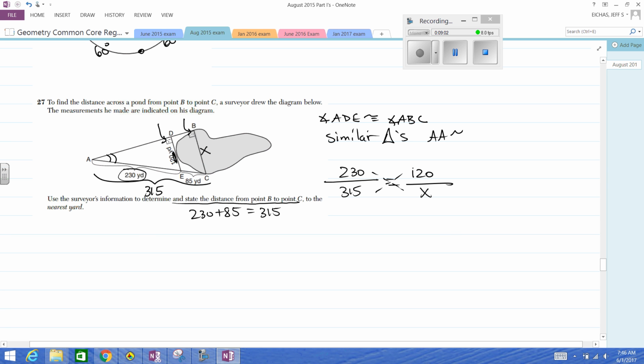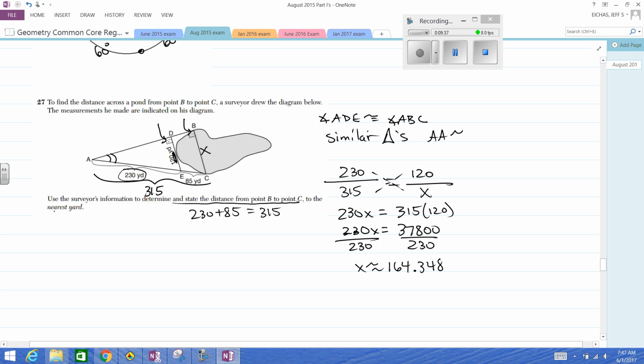Corresponding sides of similar triangles are proportional. So let's get the cross products. What's 315 times 120? That would be 37,800. Let me just show that work. 37,800 divided by 230, and I get approximately 164.348.